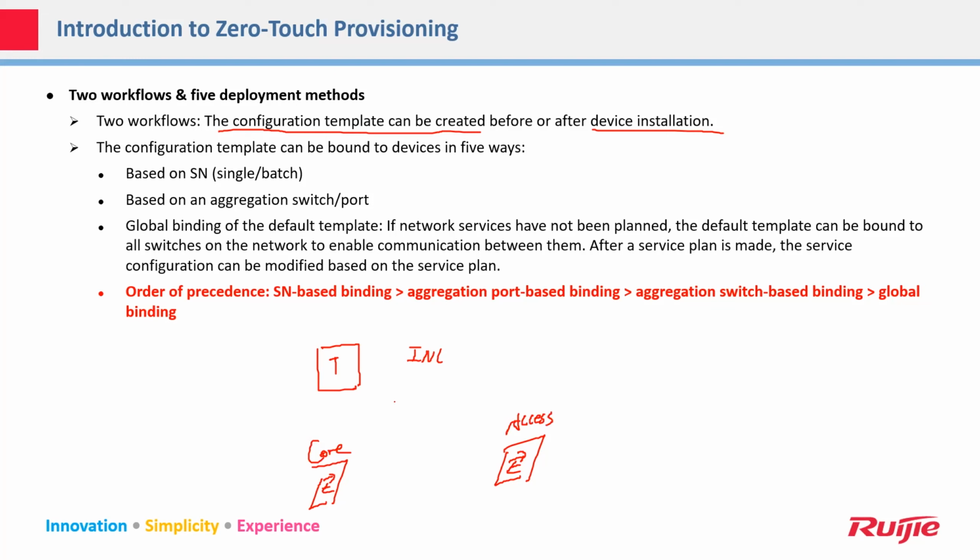If the INC delivers the same configuration template to both of them, it must be wrong, because it's impossible for the access switch to have the same configuration as the core switch. So in this case, how does INC distinguish them?